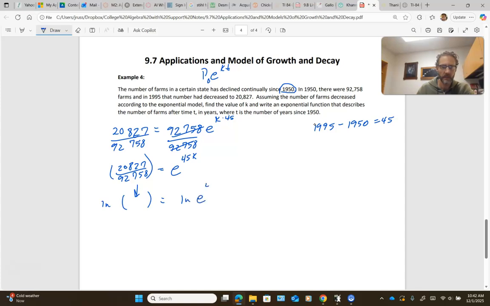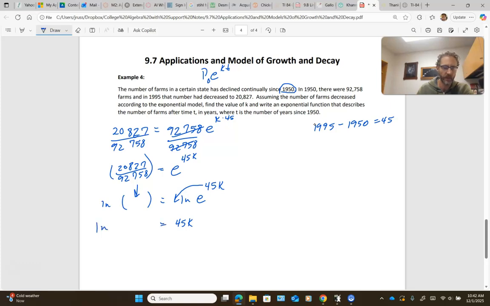Natural log of e to 45k, so the power rule is going to move that 45k out in front. And then you can not even write the ln of e if you want, okay?